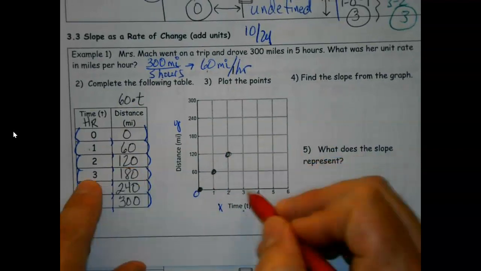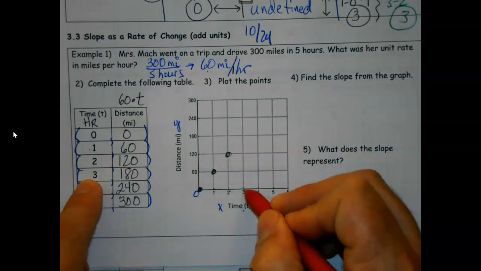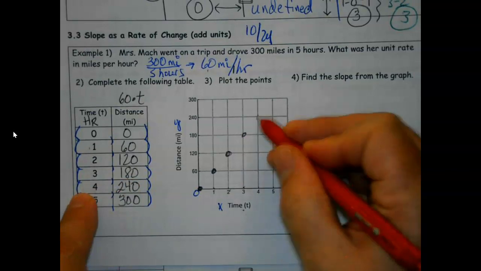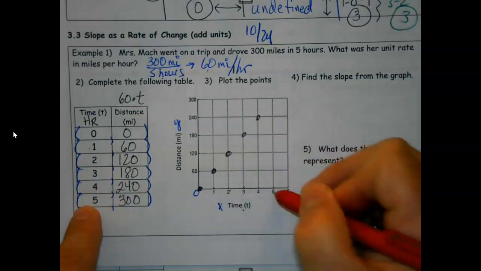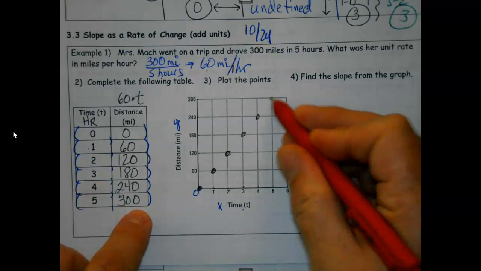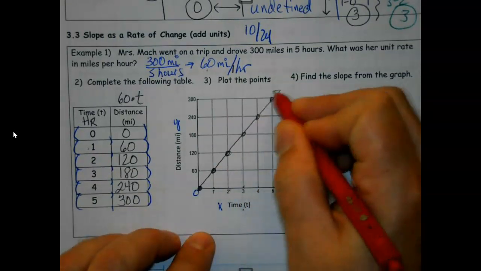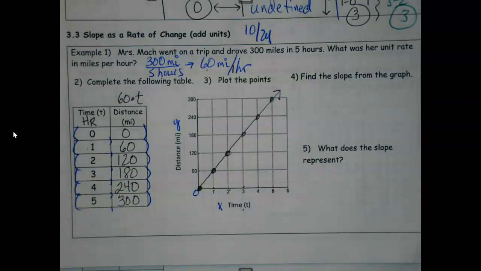And we're just going to keep following our time value on the x-axis, and then up to the y. You kind of see a pattern develop here, which is what our slope is. I plot my points.